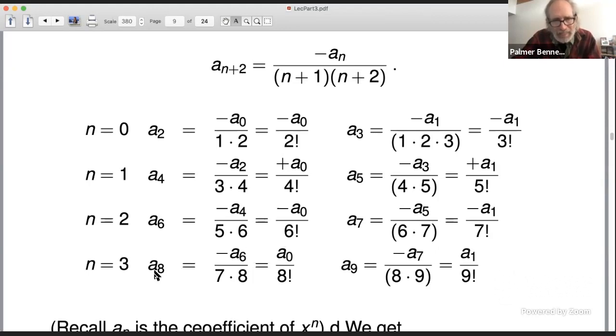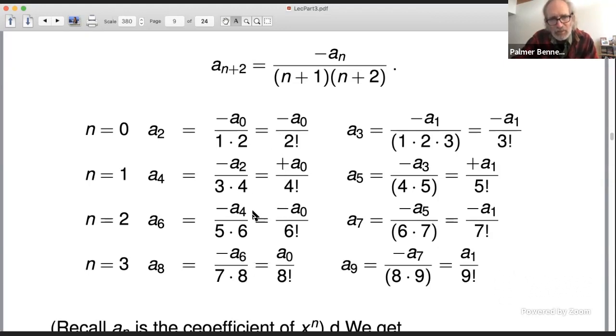And similarly, A8 is going to be, 8 is 6 plus 2, so it's going to be minus A6 over 7 times 8. But we found that A6 is negative A naught over 6 factorial. So this will be plus A naught over 6 factorial times 7 times 8. That's going to be 8 factorial.